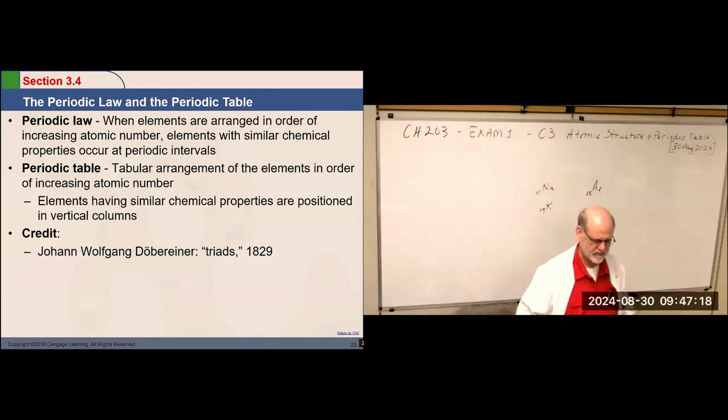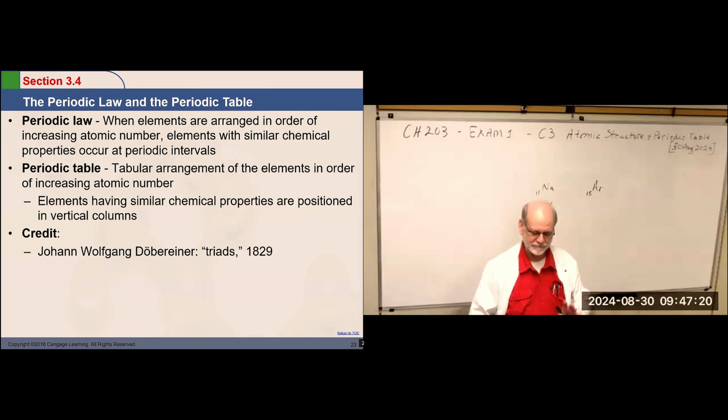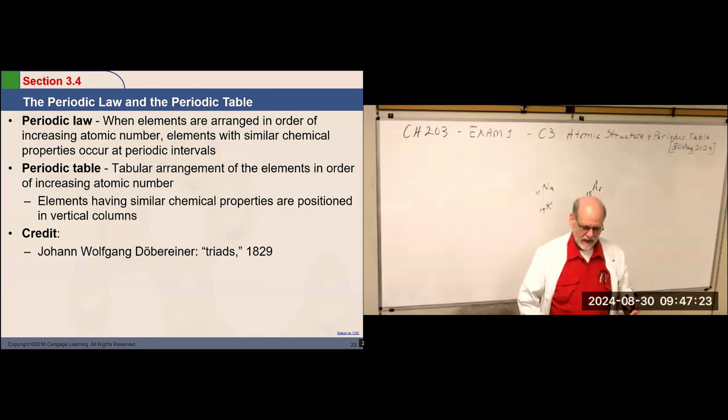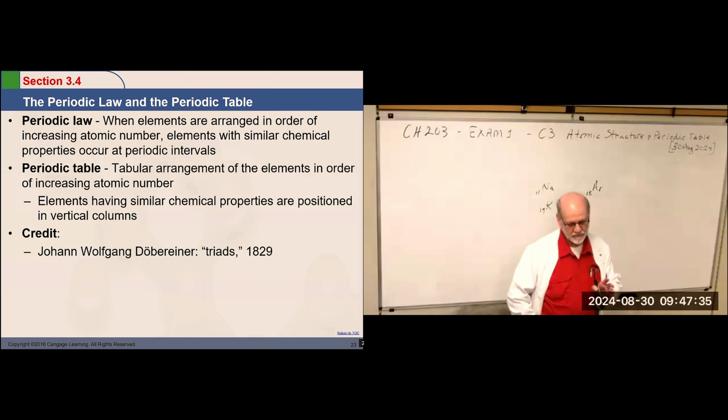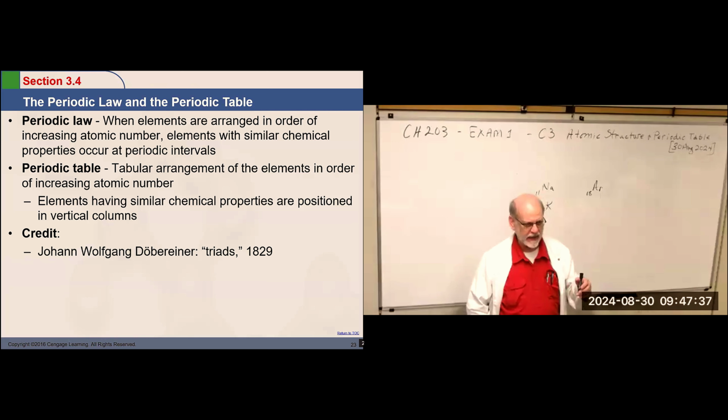Oh, okay. So we're going to give credit to some other guys here. Johann Wolfgang Dobereiner. But you don't know what country he came from. He's German. He noticed and published in 1829 his triads.